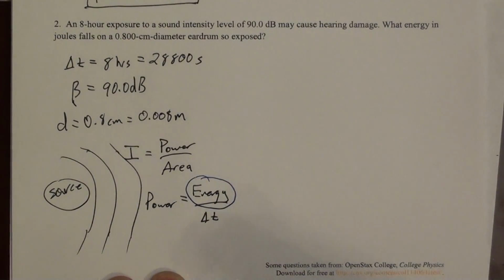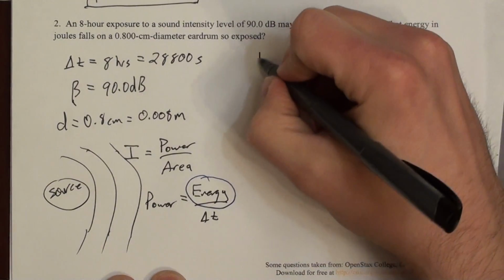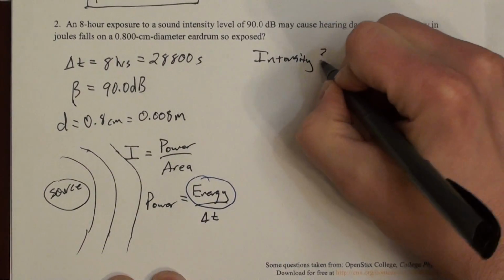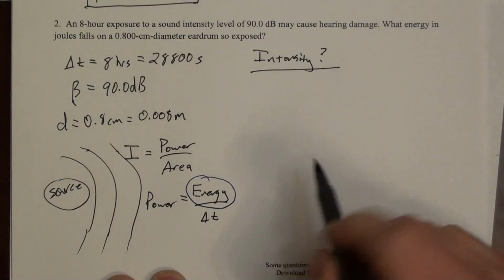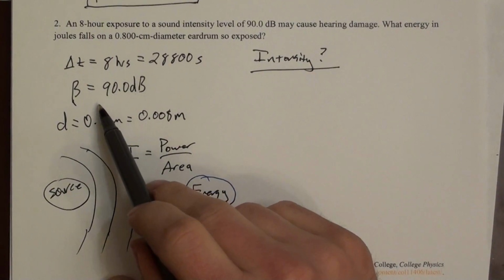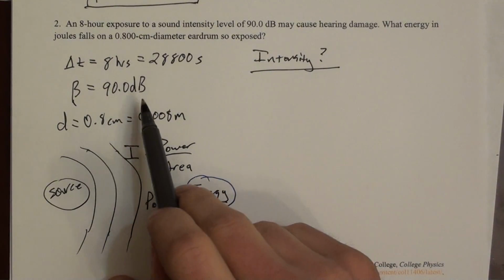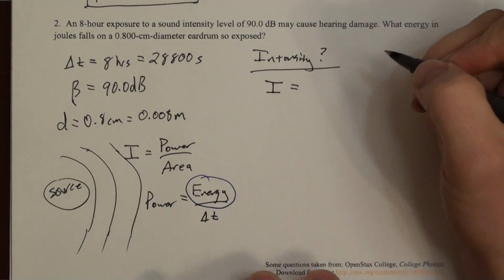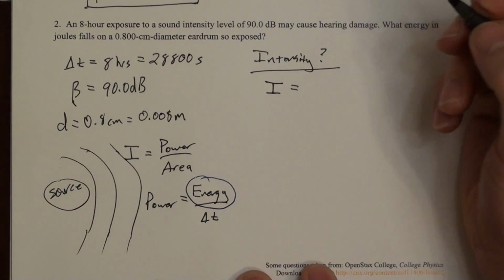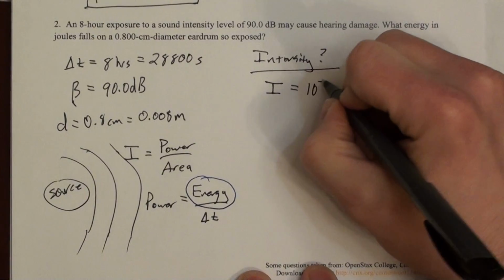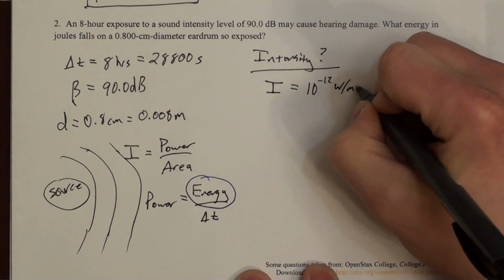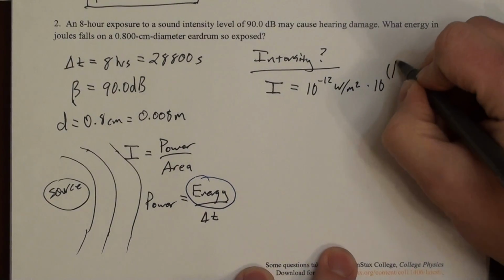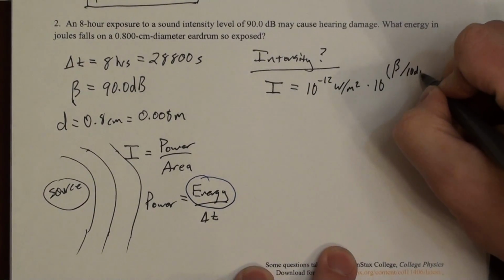Okay, so we'll start by asking, what is the intensity? Well, I just need to take the definition of sound level and solve it for I. The equation we get there is I equals 10 to the minus 12 watts per square meter times 10 to the beta over 10 decibels.